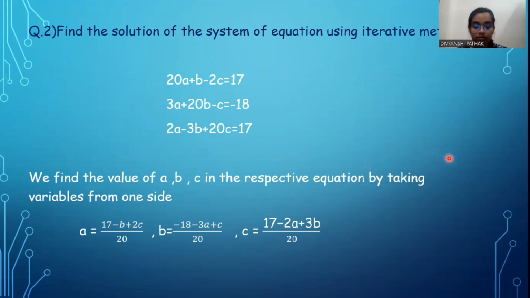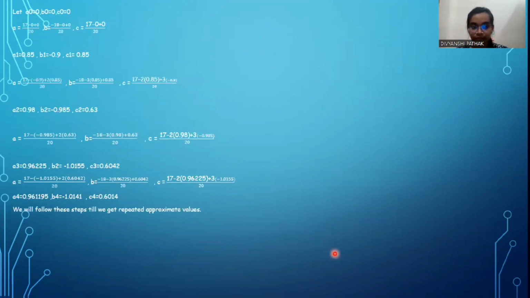Firstly, we will take one variable on one side and move the rest of the variables to the other side. By doing this, we will get these three equations: a equals 17 minus b plus 2c upon 20, b equals minus 18 minus 3a plus c upon 20, c equals 17 minus 2a plus 3b upon 20.